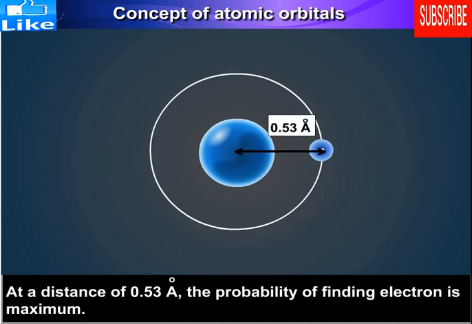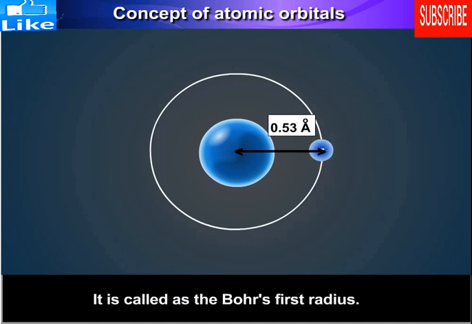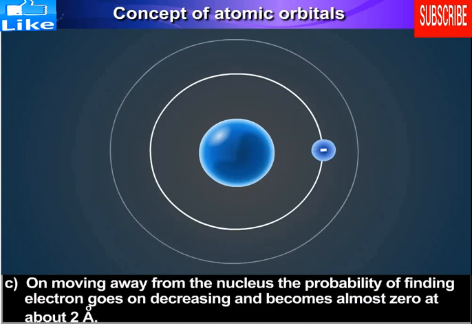At a distance of 0.53 angstrom unit, the probability of finding electron is maximum. It is called as the Bohr's first radius. C. On moving away from the nucleus, the probability of finding electron goes on decreasing and becomes almost zero at about 2 angstrom unit.